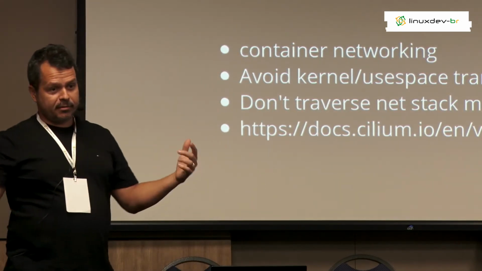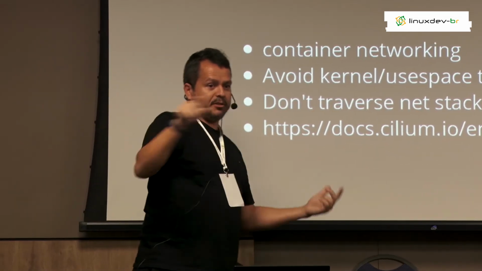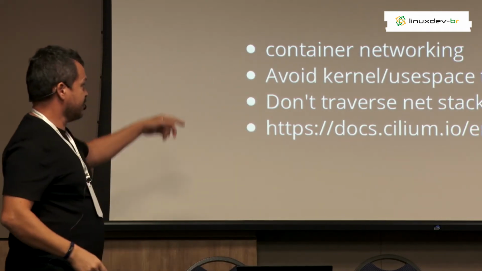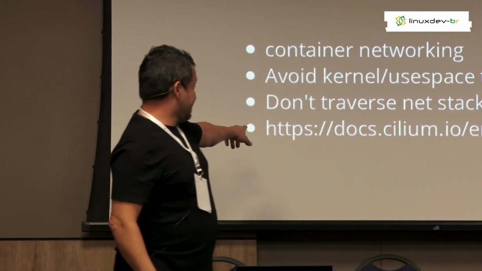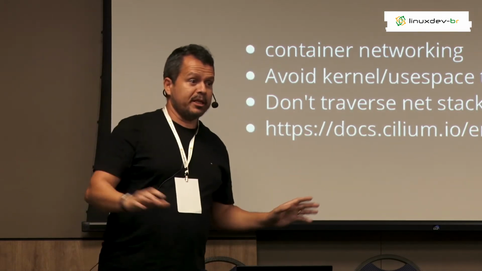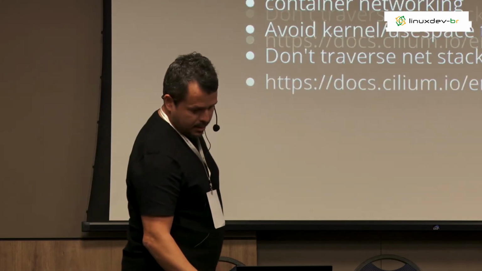With this, you can short circuit inside the kernel. Instead of traversing multiple times, you avoid these transitions to kernel and user space. This URL here is gold. They have the best documentation about XDP and BPF available.